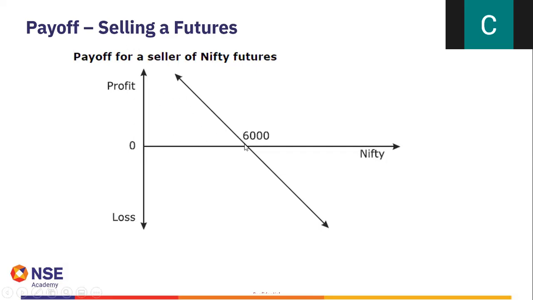As and when the price falls from 6,000 to and below, say 5,000, 4,000, that will be his profit. And if the price increases, this will be his loss. Again, similar to a buyer of a future, there is unlimited profit and unlimited loss. So the buyer of a future will make profit when the price increases, and the seller of a future will make profit when the price decreases. Okay.